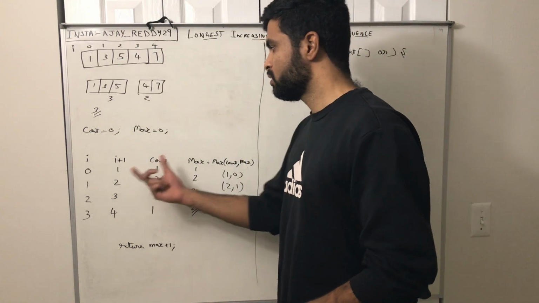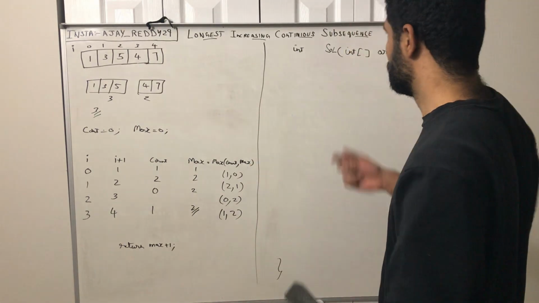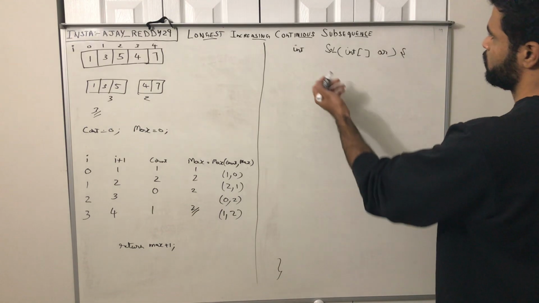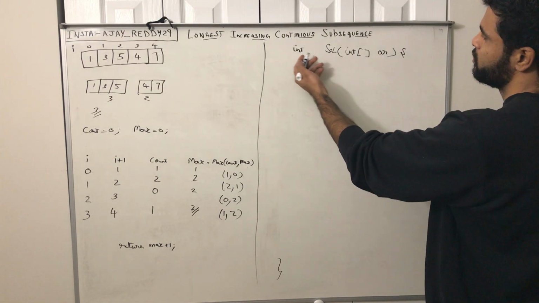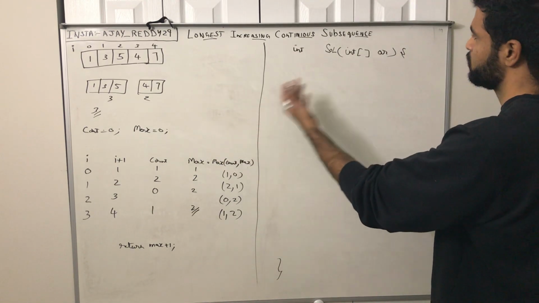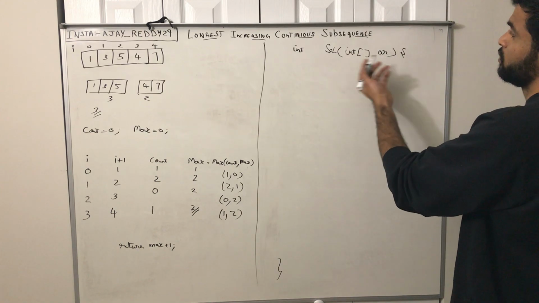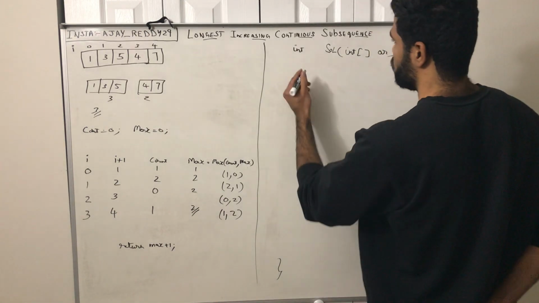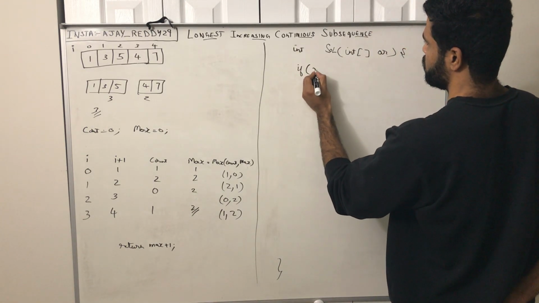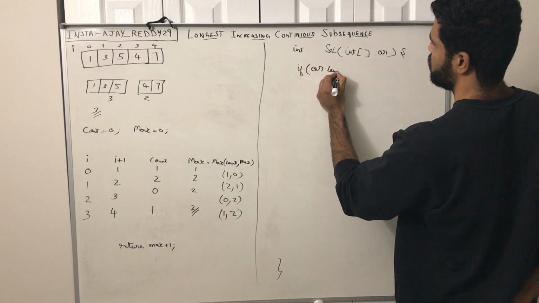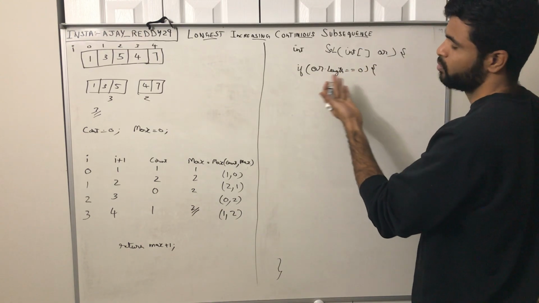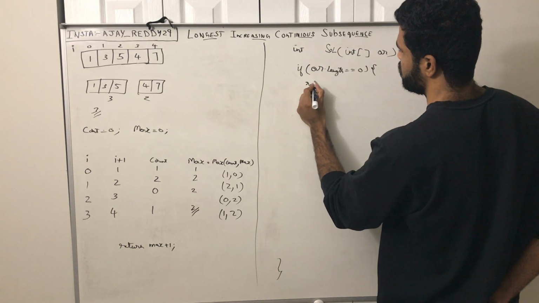So let me implement this and show you how exactly it works. So I've written the function prototype here. It will return an integer which is the max length, and it takes an array of integers. Initially I want to check if array dot length equal to 0, then that means there are no elements in the array, so I will just return 0.